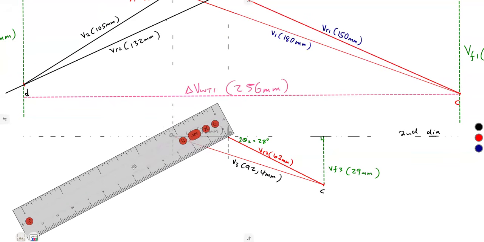Okay, so it's going to be something like this. And we can as well measure, remember it was 55 millimeters, our VR4.